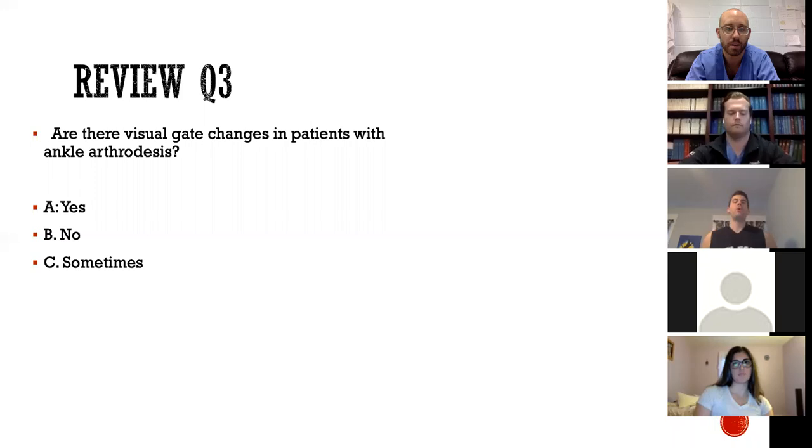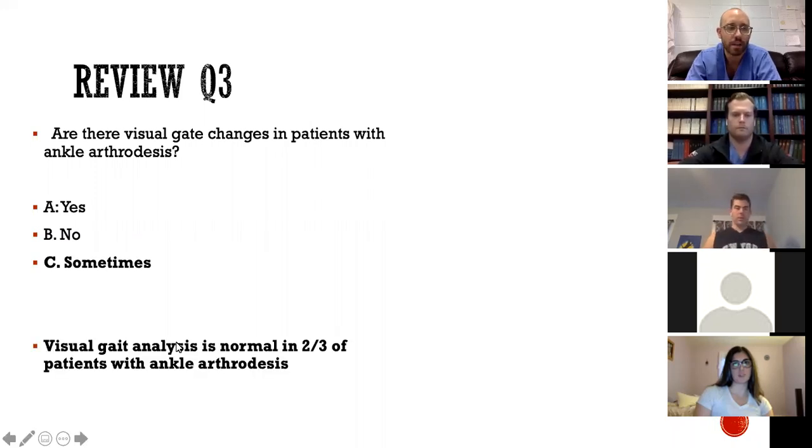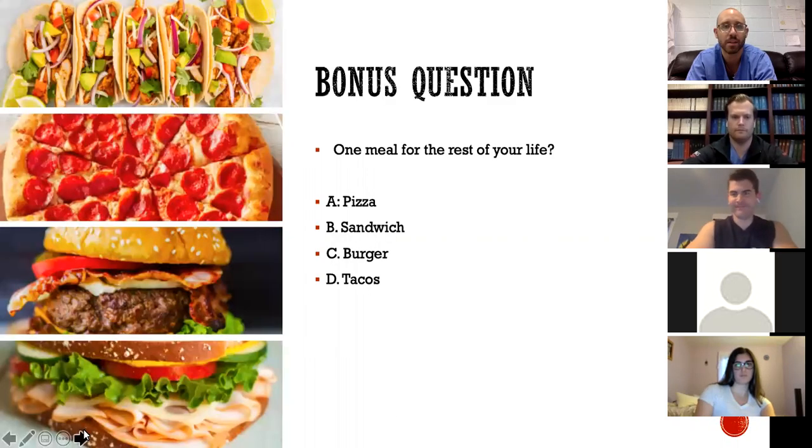All right. Next slide. So in about 2/3 of patients, their gait looks normal. So this was just kind of a trick question. And you can go to the next one.